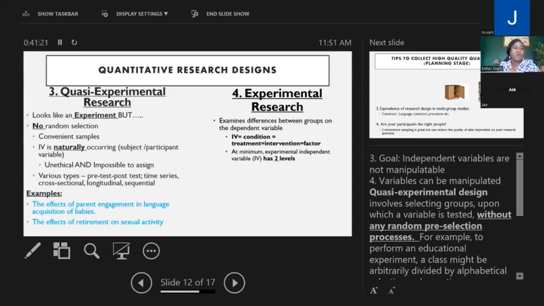Generally what I mean there is that you can randomly select your participants, and oftentimes randomly assign participants to the various conditions or IVs that you are interested in. But for quasi-experimental research, you're not able to necessarily do that, right?